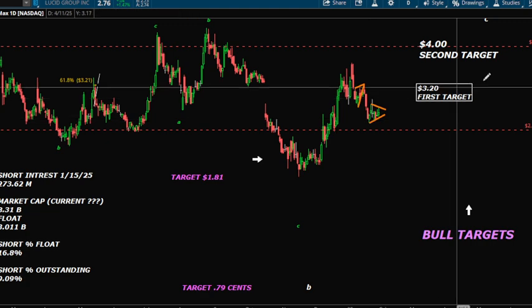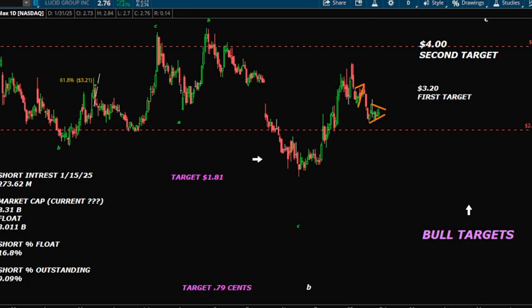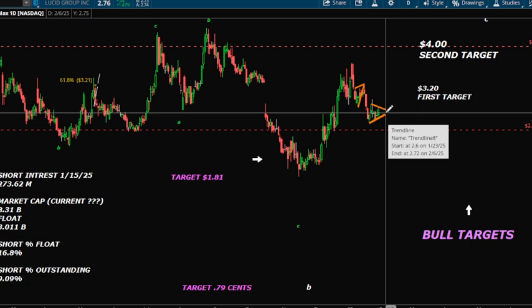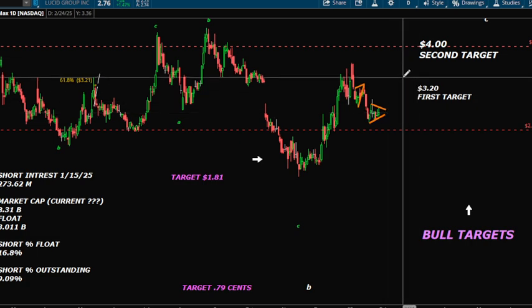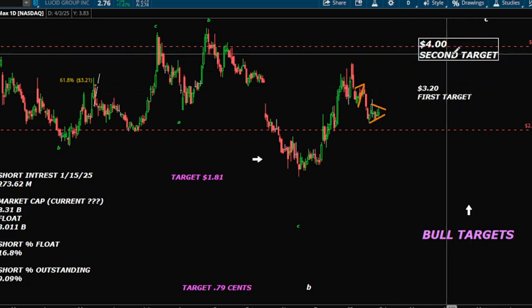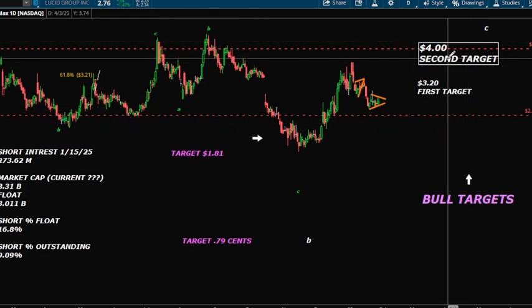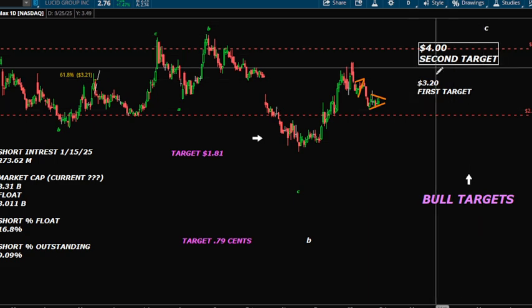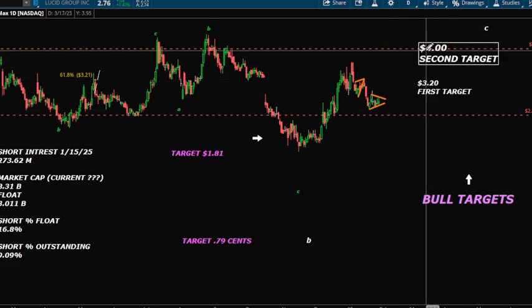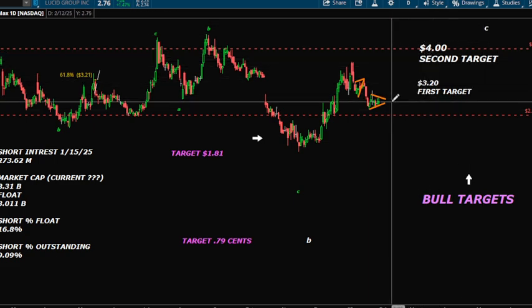So this is going to be a tough breakout to forecast. So honestly, I don't want to. There are higher targets for this bull case, but I think we really just need to focus on these first two here.